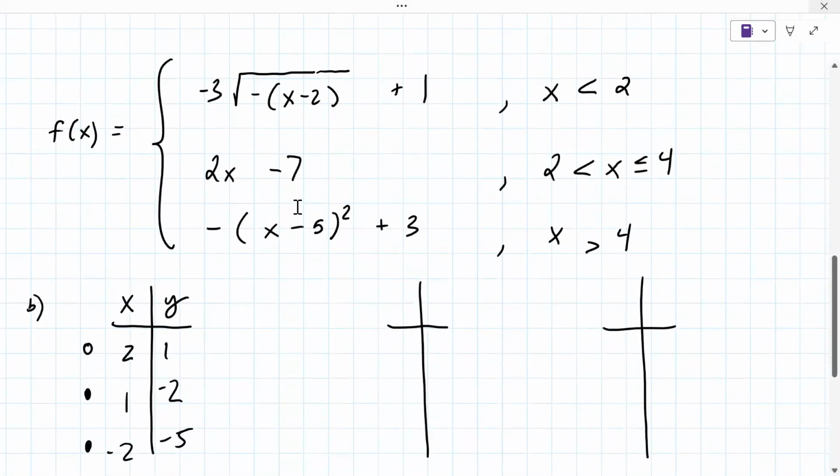The second piece, when it's constrained on both sides, you just check the endpoints. So could you put each of those endpoints into that middle piece, please? Yes. Okay.